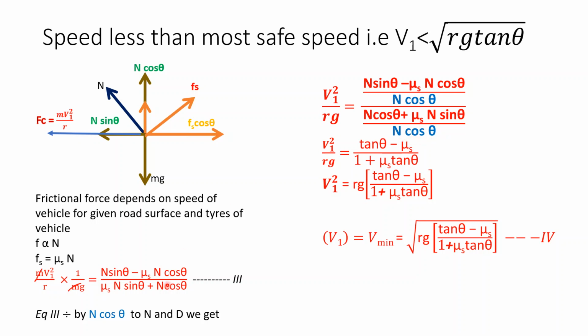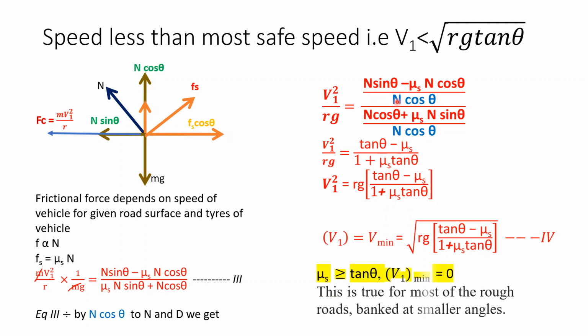Dividing the numerator and denominator by N cos theta does not change the value of equation 3. Now just separate these terms. N sin theta upon N cos theta: here N gets cancelled and you get sin theta upon cos theta, which we can write as tan theta. Next term is mu s N cos theta upon N cos theta. N cos theta gets cancelled and you get only mu s.